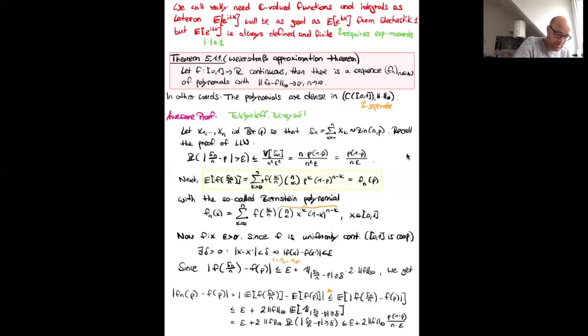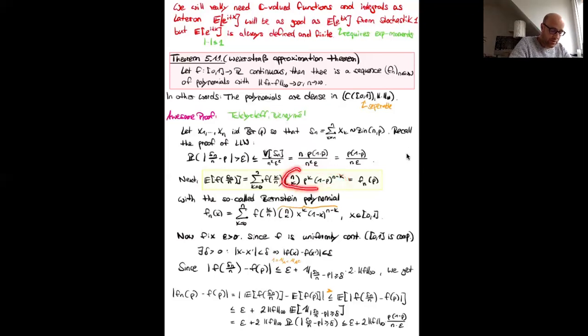So here's the point. This is a polynomial. These are just powers. It's a polynomial in p. If you multiply all this, you get polynomial factors. These are just some numbers. That's a polynomial of order n. And we call this Fn of p. In fact, this formula, which very naturally just comes out of probability, has a name. These are called Bernstein polynomials.